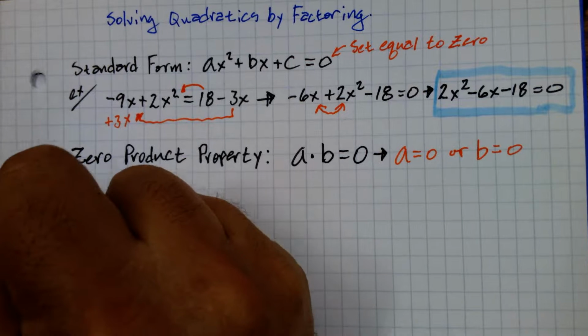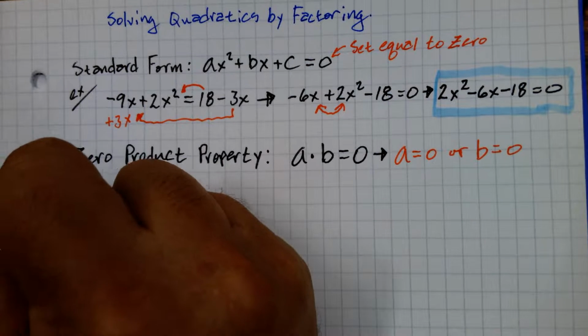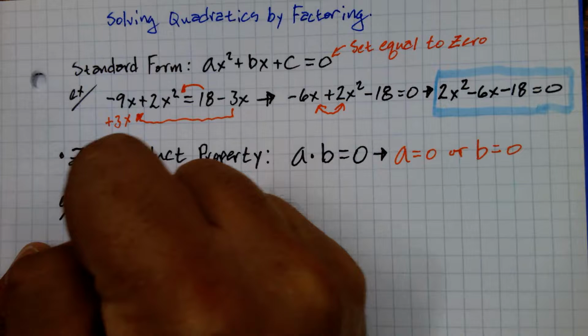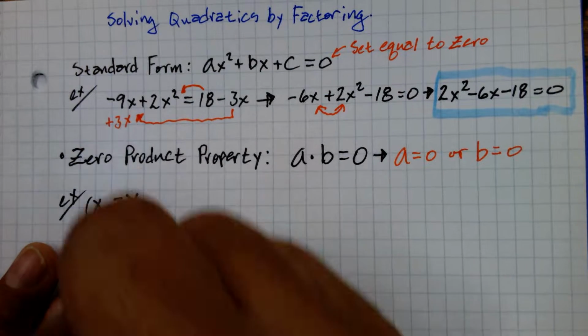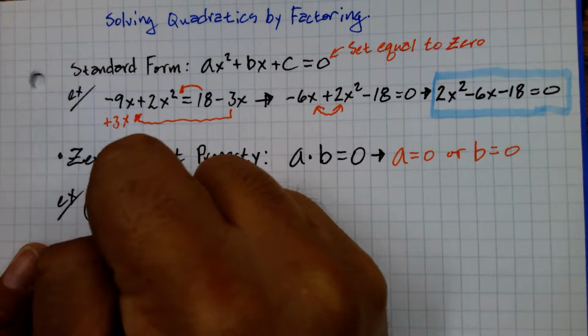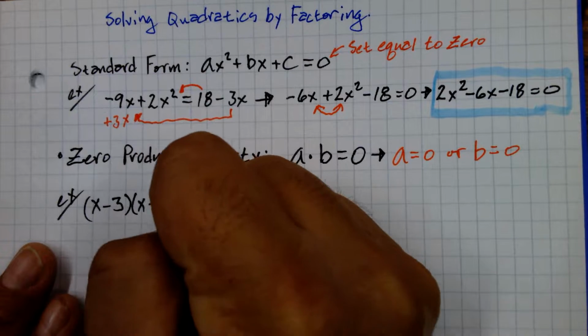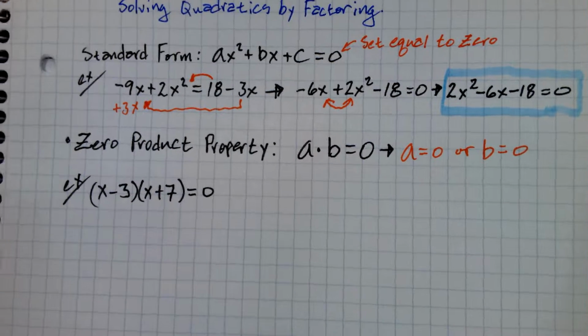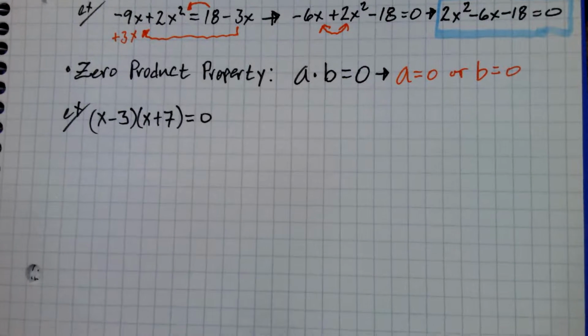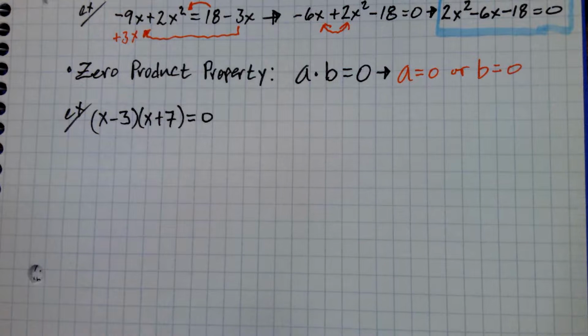So here's an example similar to what we're going to do. Suppose I give you something like this. X minus 3, this binomial, times x plus 7 equals 0. So think about that. X minus 3 multiplied times x plus 7 equals 0. So if we're multiplying these two binomials and they equal 0, don't one of these two or both of them have to equal 0?